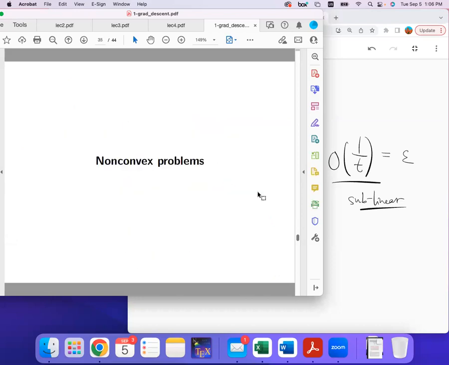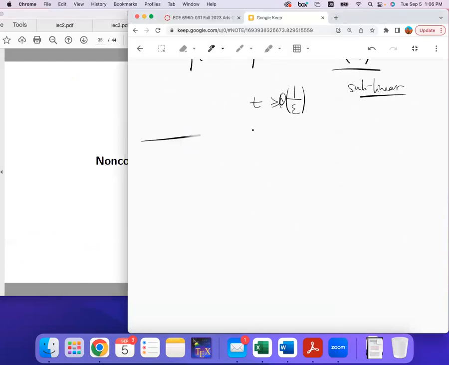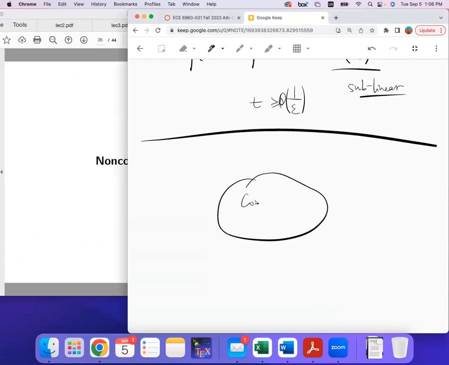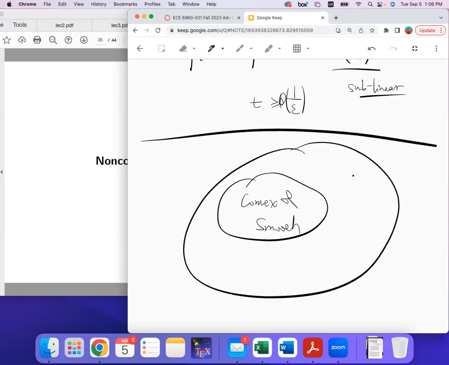And next, we further consider non-convex problems. So we further drop the convex condition, right? We just considered convex and smooth problems, but now let's just consider smooth.